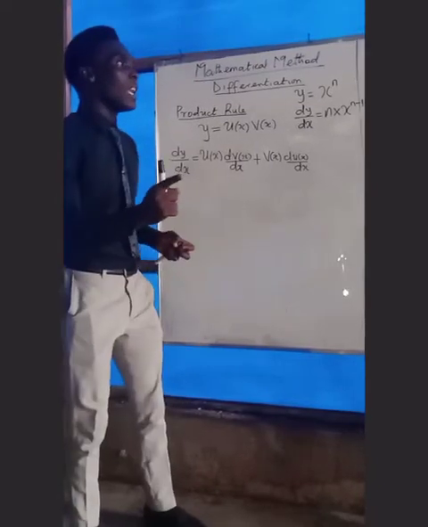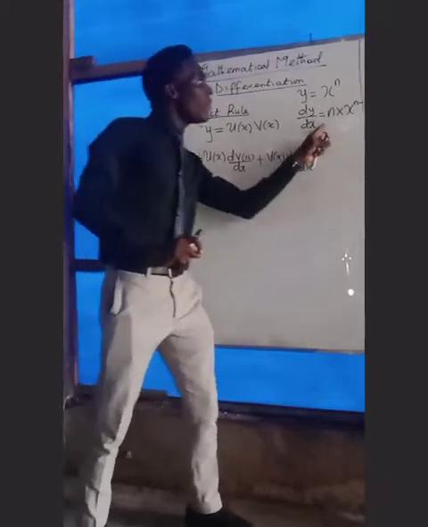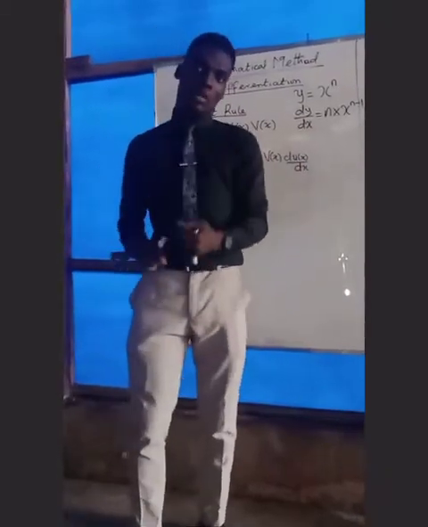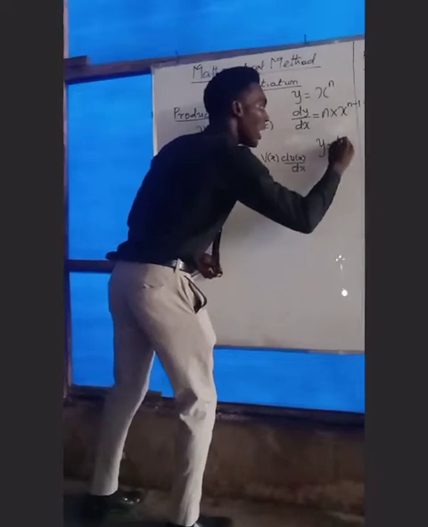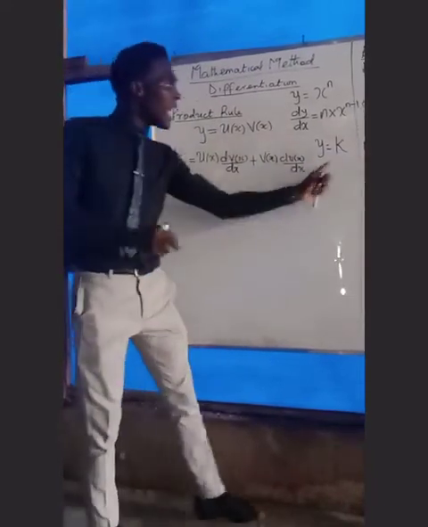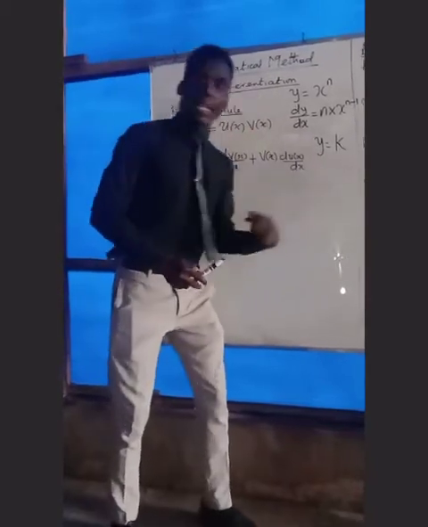But we have a challenge whenever we are given a constant to differentiate. For example, you are given y equals k. Now we can see that k is a constant. Why is k a constant? Because there is no x there.